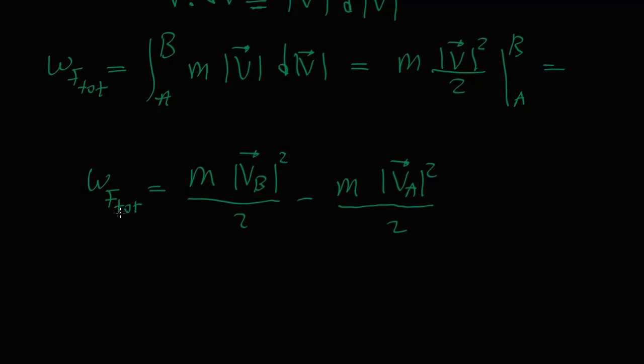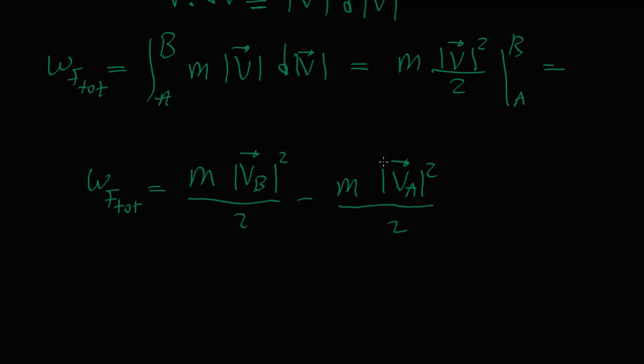So we show that the work of all the forces, the sum of all the forces acting on the particle, is equal to this quantity, m vb squared over 2 minus m va squared over 2.